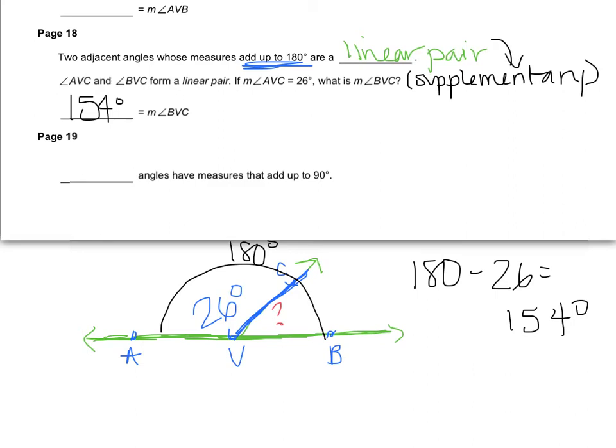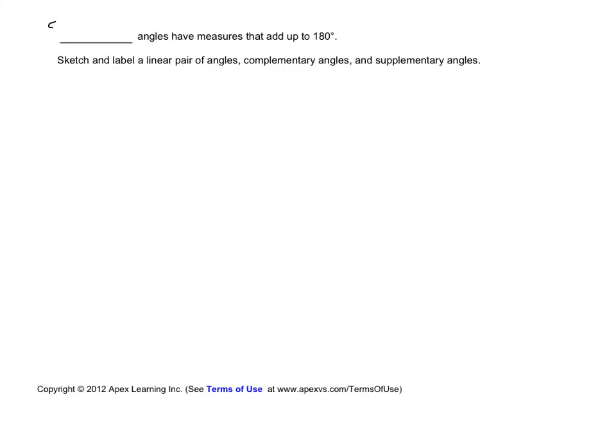All right. Complementary angles have measures that add up to 90 degrees, while supplementary angles have measures that add up to 180. And people always have trouble remembering what supplementary and complementary add up to.